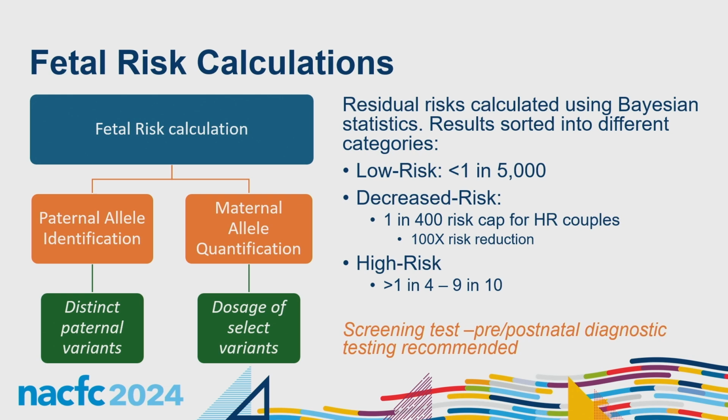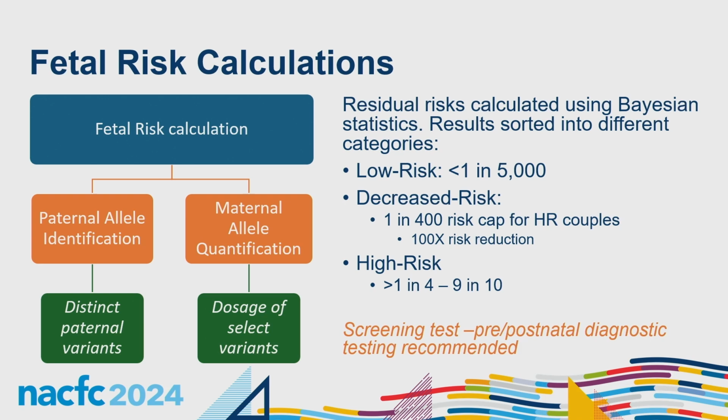So we also bin those results to low risk, high risk, and then you see this middle category, it's called decreased risk, and this is often given to our high risk couples, so couples we know coming into the assay are at an a priori of 1 in 4. With our technology, we cap our risk reduction at 100 times risk reduction.